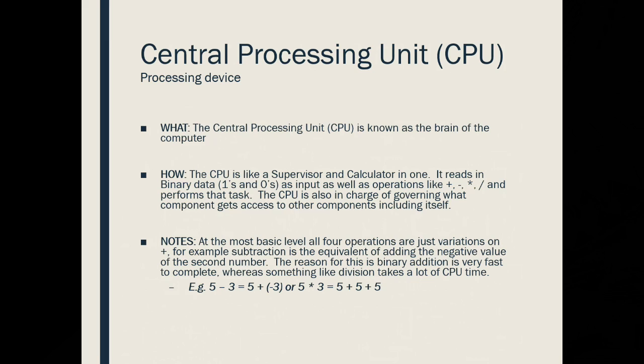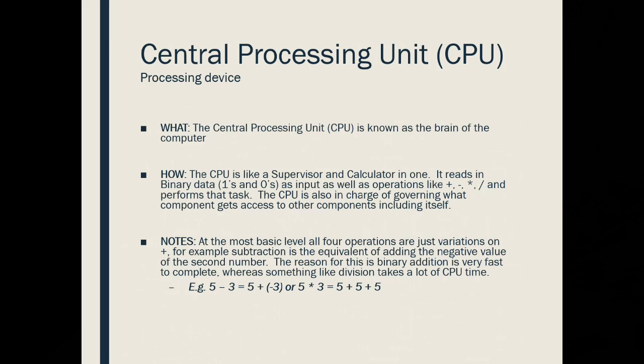Now, the central processing unit, often called the brain of the computer, is what does all the math. It also allows certain permissions between different devices and whatnot. Yes, you can talk to this, or no, you can't talk to that. But mostly it just does basic math. So it's like a supervisor and a calculator all in one.